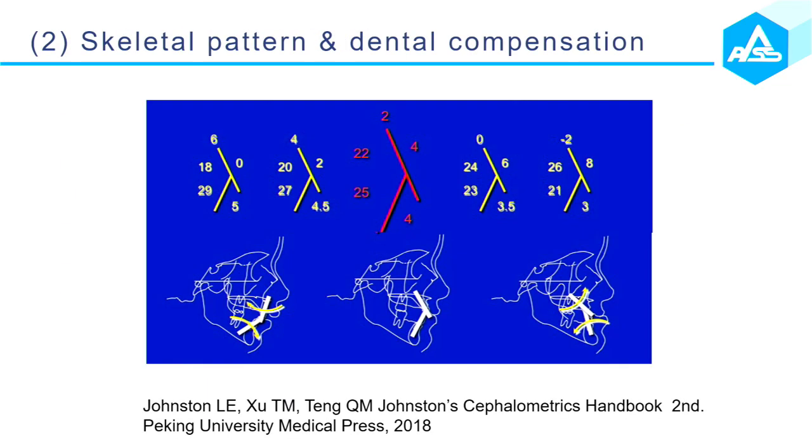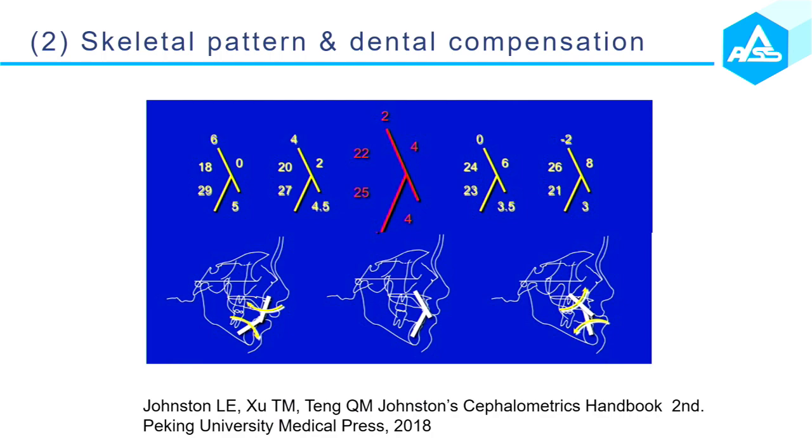Second, jaw relationship. We learn from Steiner analysis, if the sagittal skeletal relationship is normal, the incisor inclination is normal.